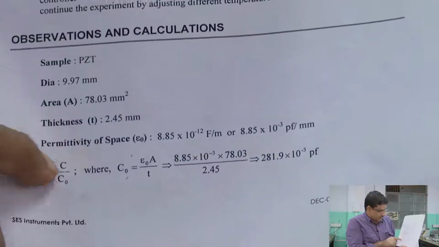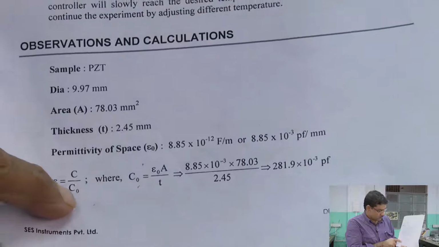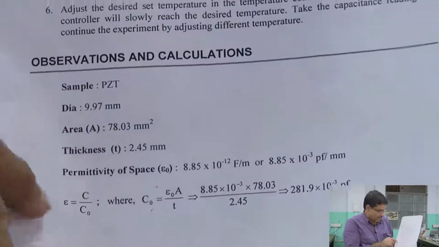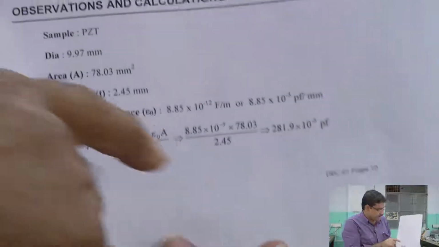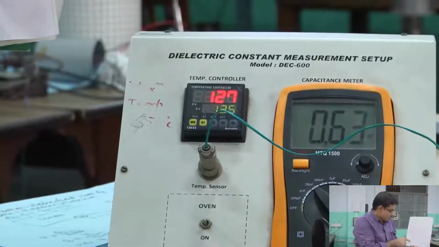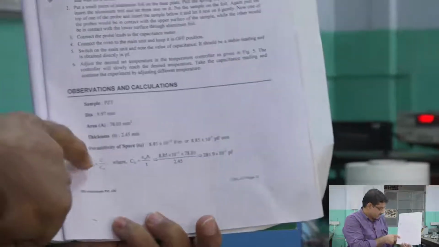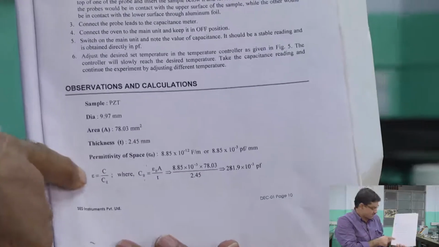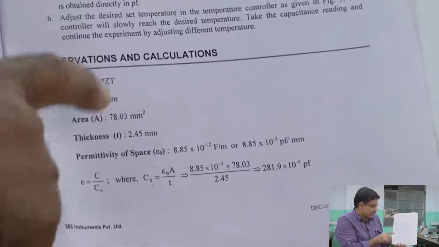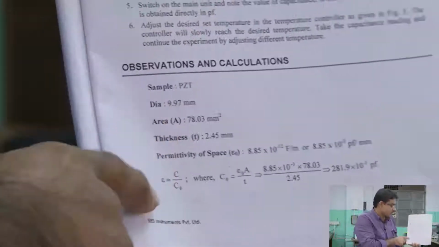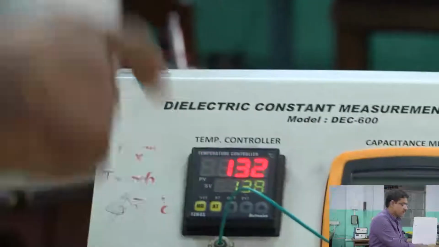So, C by C0, whatever C or CD I have written, that is this value. Corresponding to that we get epsilon r, so we will get epsilon r for different temperatures. Then we plot it.